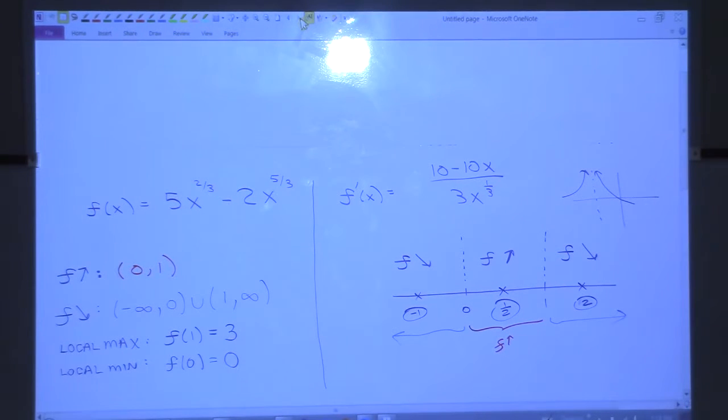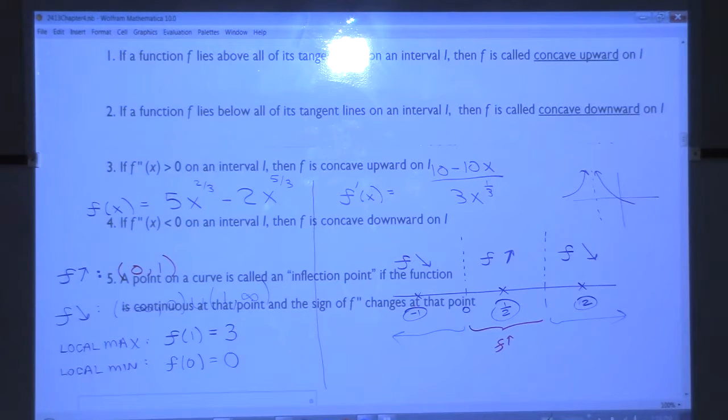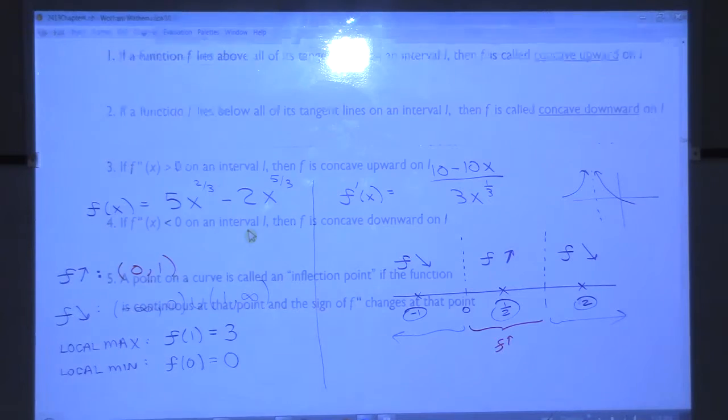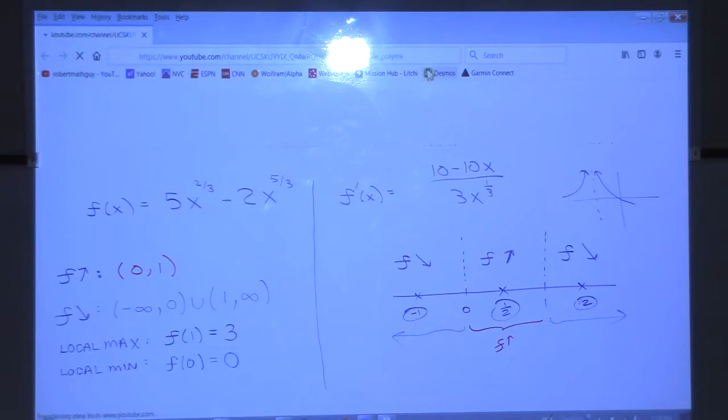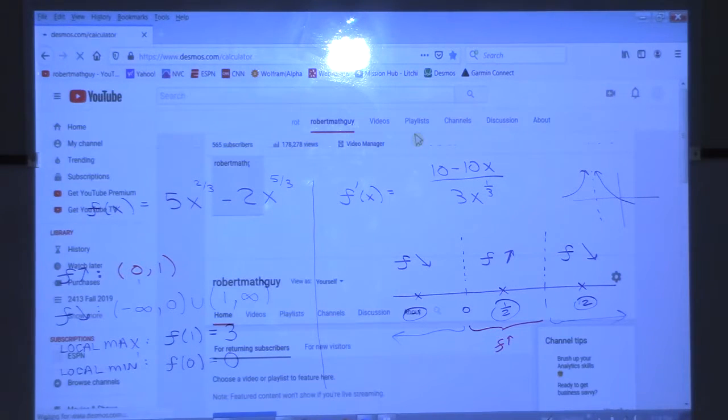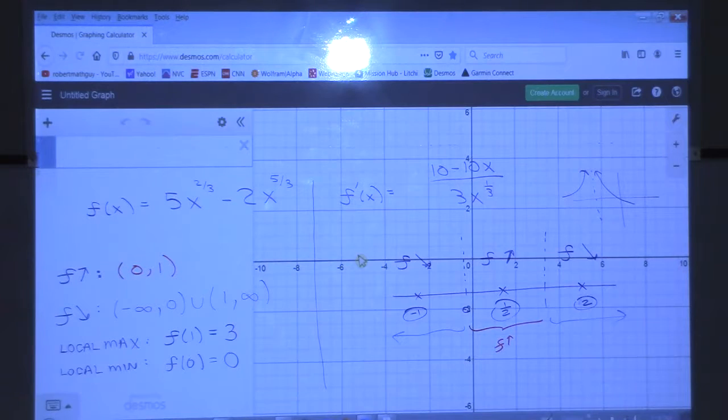Let's graph it. 5x to the 2/3. I wonder how this is going to handle these rational exponents.